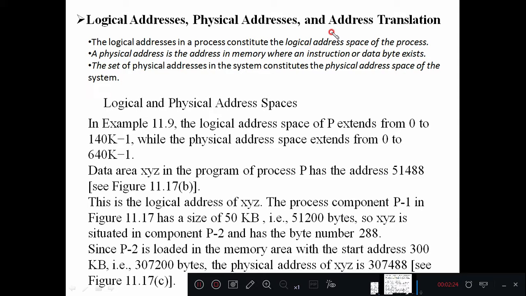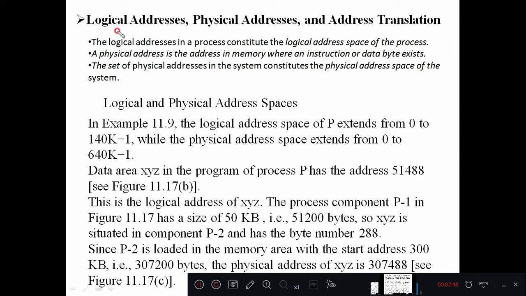For user convenience, we always pass the address of logical memory. But when the computer system fetches the data or code from the memory, it always calculates the physical address with the help of the logical address.